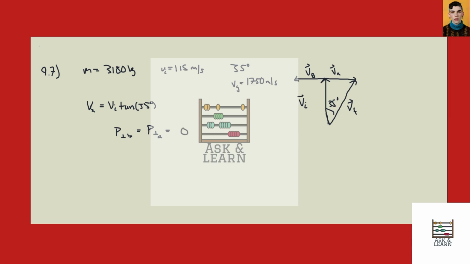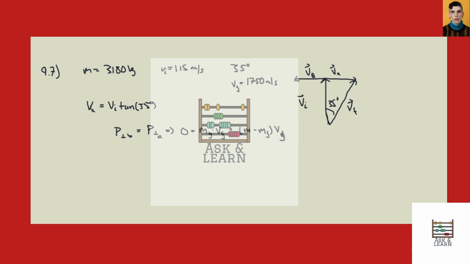So we have 0 equals the mass of the gas times the speed of the gas, and we have the momentum after, which is going to be the mass of the rocket minus the mass of the gas times the final speed, Vx.